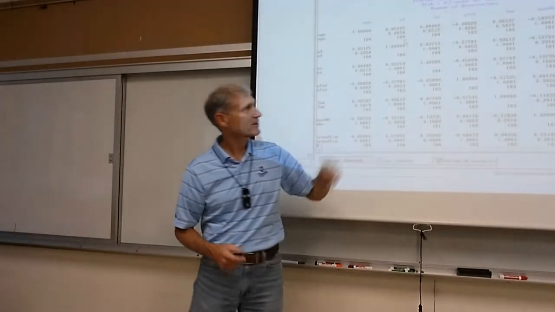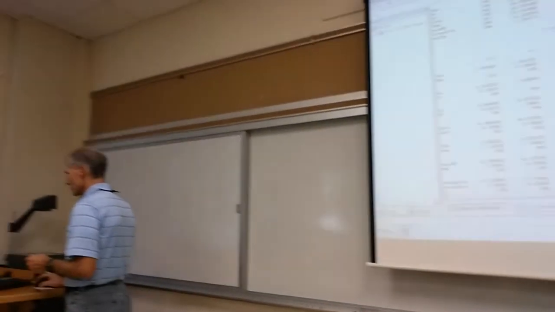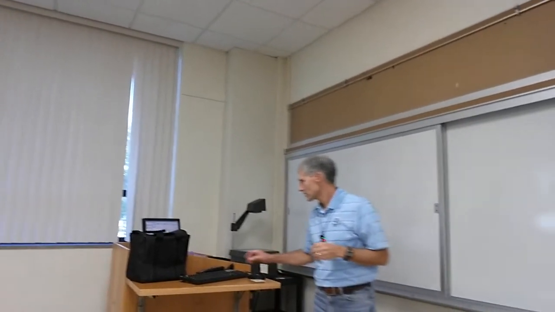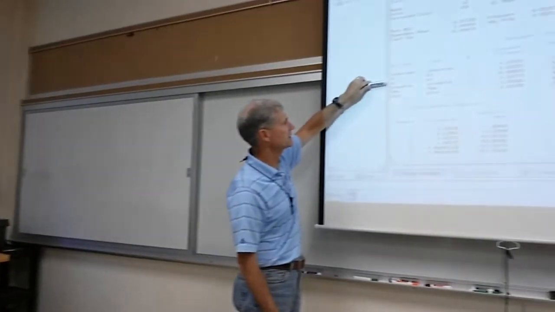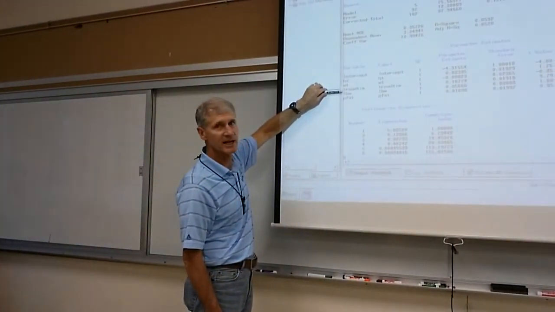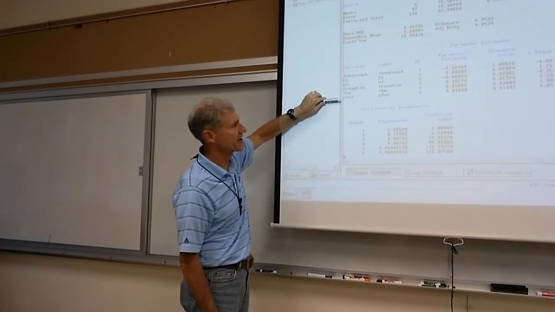So when I run a model that has all or several of these variables in it, here is a model that has height, weight, treadmill time, lean body mass, and percent body fat.